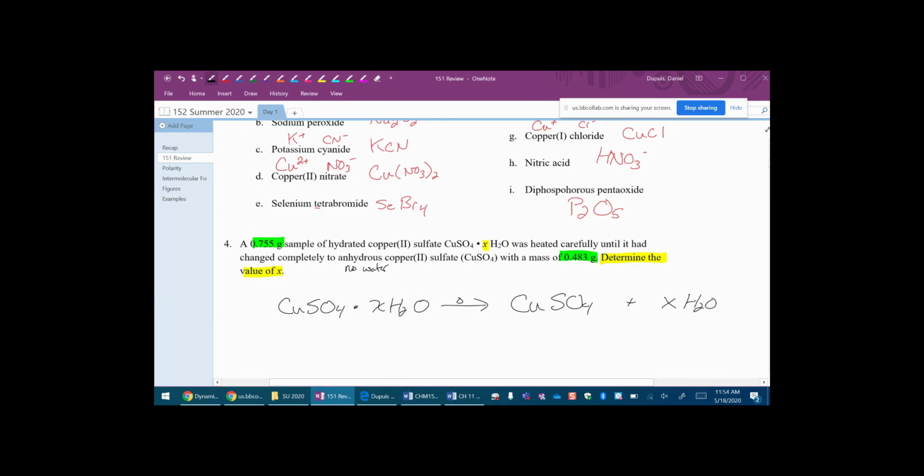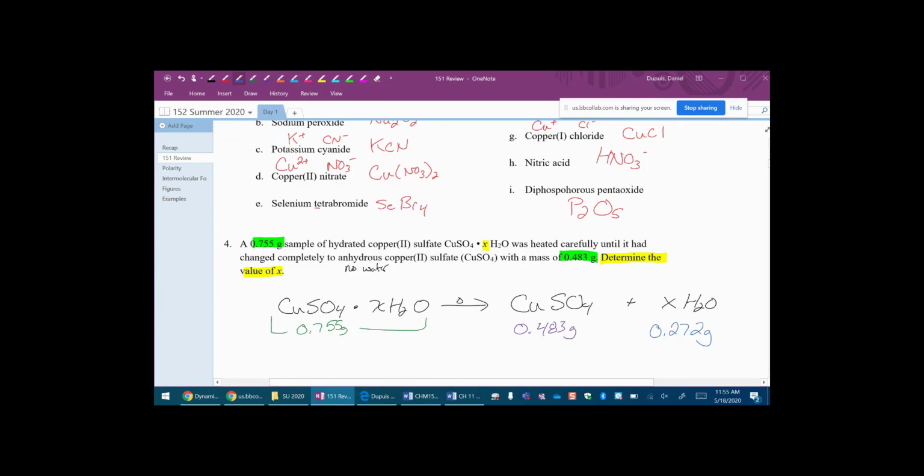Now, if I start with 0.755 grams of everything, and I heat it up, and now I only have 0.483 grams. How many grams of water do we have? Well, I would take my 0.755 minus 0.483, 0.272.